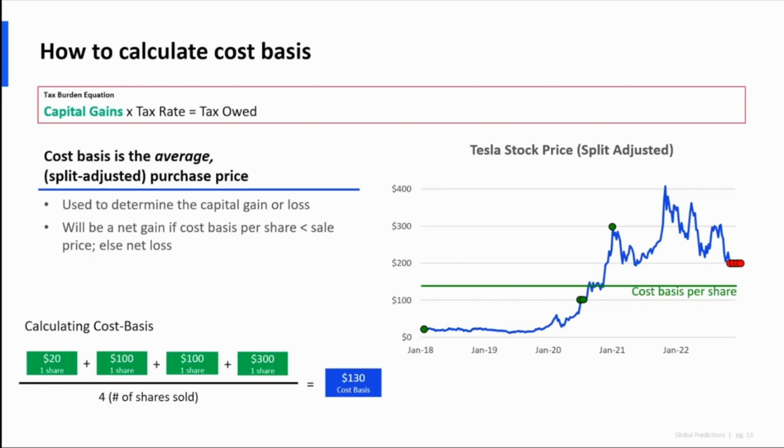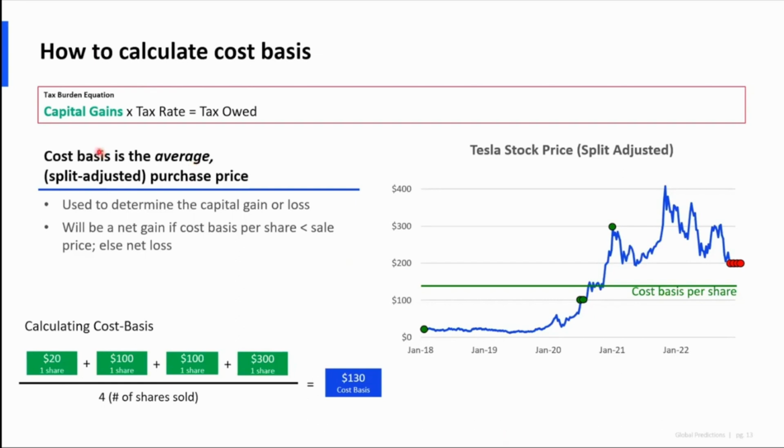So you need to look at the split-adjusted stock price. If you don't know what that is, maybe we can cover that in a Q&A question later. But it's something that happens with some frequency to some stocks. It doesn't change the value, it just changes the price that's displayed and the number of shares that are outstanding.